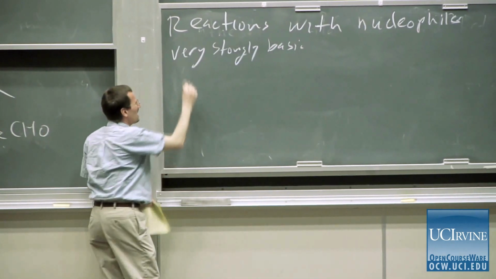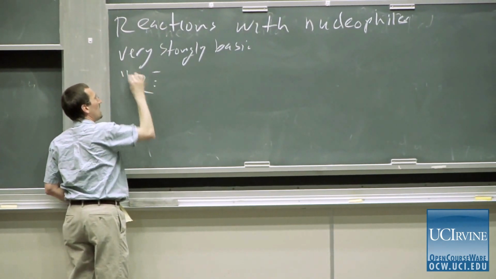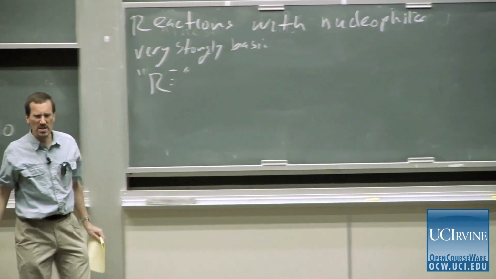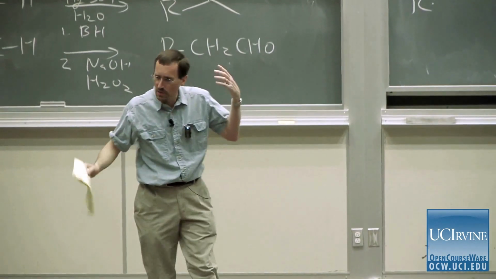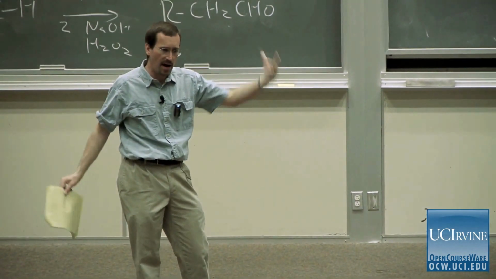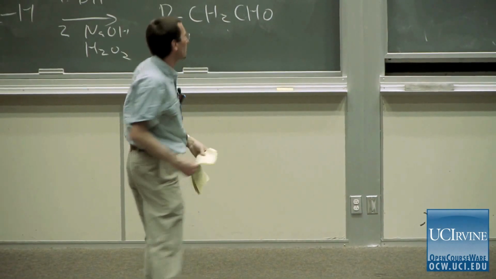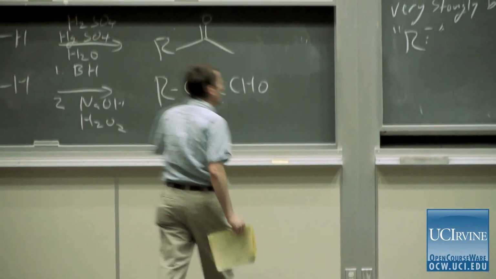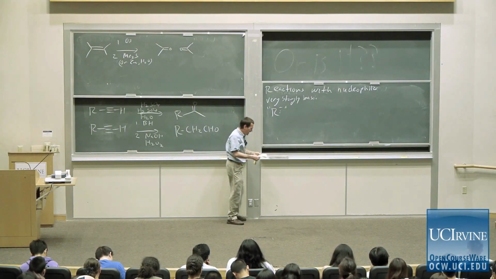We've already seen examples of this, R- alkyl nucleophiles, Grignard reagents, and organolithium reagents. Of course, these are not naked carbanions. They're covalent bonds between magnesium and carbon or between lithium and carbon. But you can think of them from a mechanistic point of view as R-.